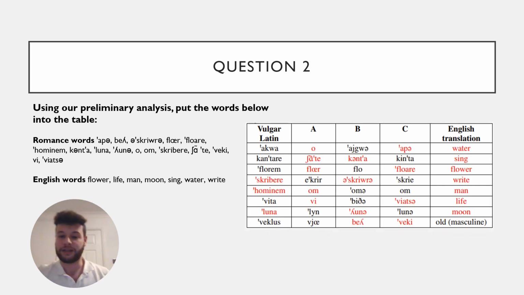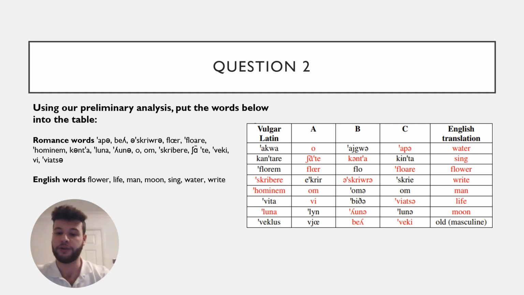So here we are with the answers. You can see that language A hasn't surprised us at all. The shortest stems do tend to belong to language A. We can make use of the information that we've gathered so far to say that these words like o, vi, all belong in language A, not just because they're quite short, but also because they're missing a lot of endings. They're not just weakened endings, they are completely gone altogether. We can also see that this lambda symbol, the upside down Y, is very much a language B thing.